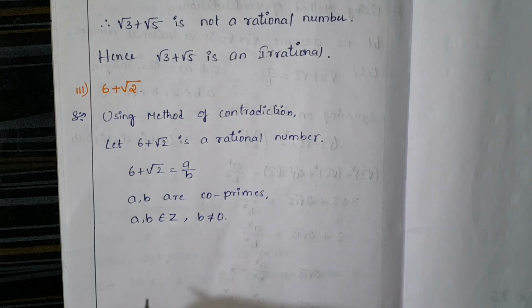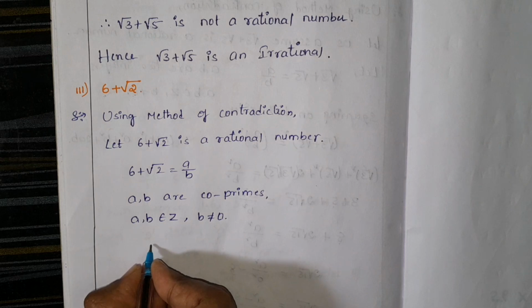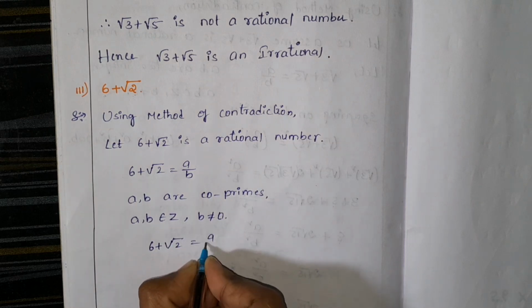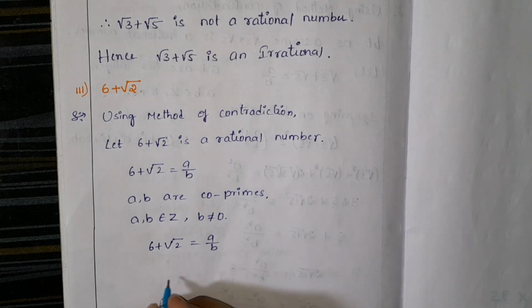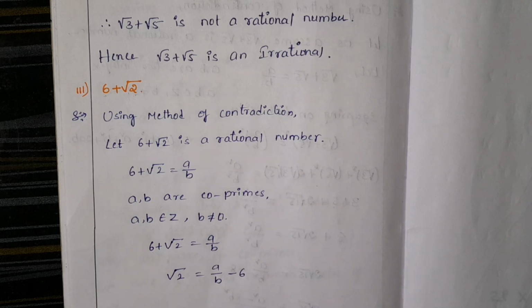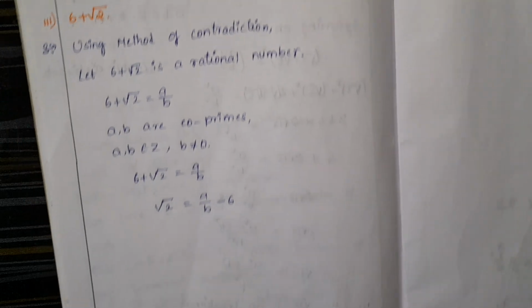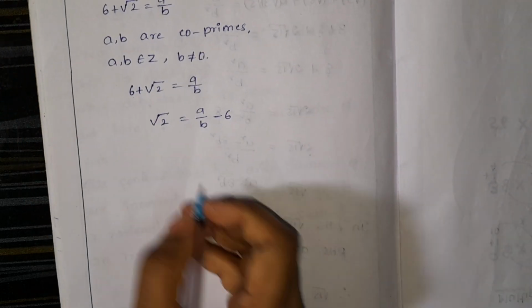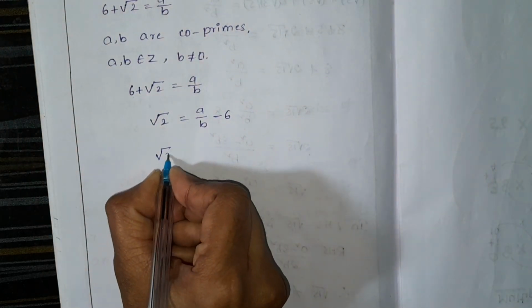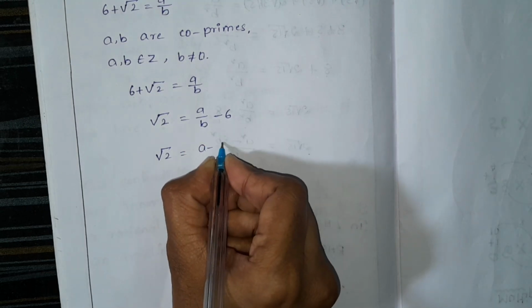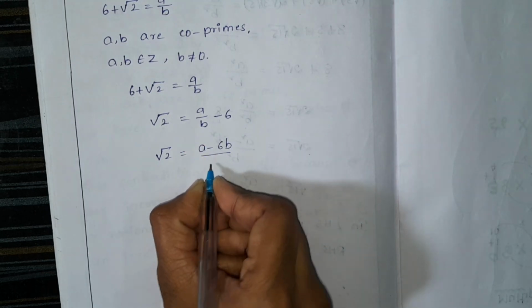So what we assumed is 6 plus root 2 equals a by b. Transposing 6, root 2 equals a by b minus 6. Now take the LCM: root 2 equals (a minus 6b) by b.